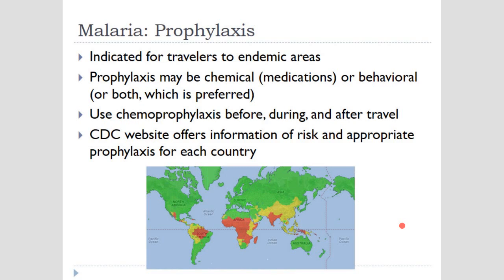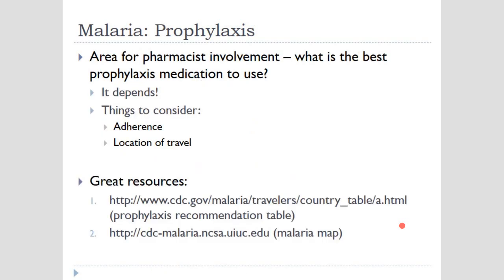You can see from this map that red is a high-risk area, and that includes Africa, parts of Central America, India, and the Far East, with very high prevalence of this particular disease. If you travel over there, they're going to tell you exactly what you need to take. You have to make your choices. Especially for malaria, there's no vaccine. So what you need to do is make sure that you take that medication.